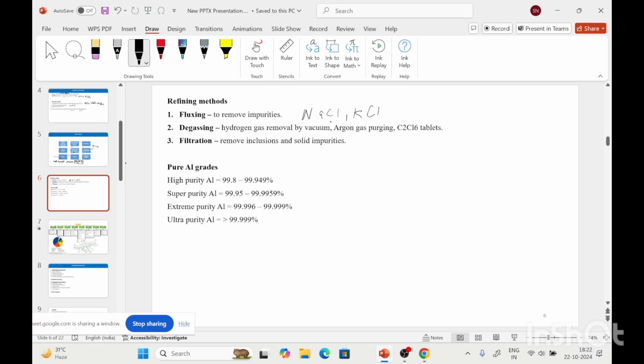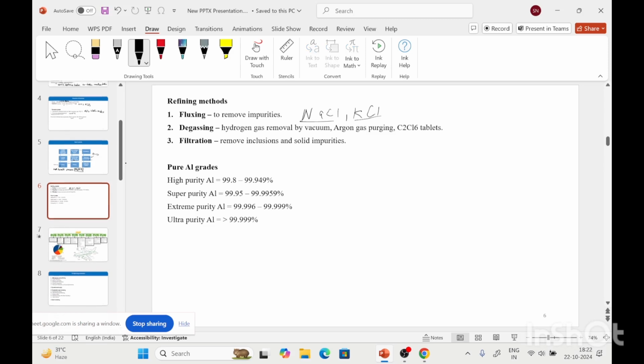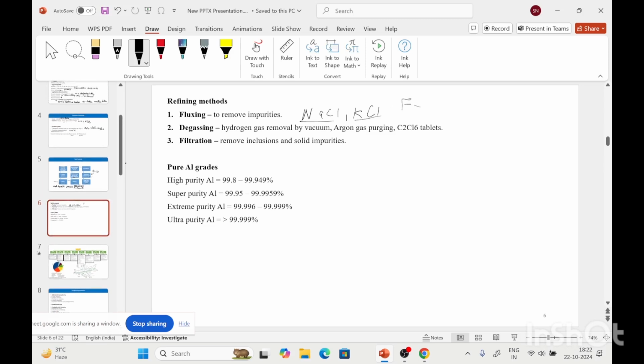These NaCl and KCl react with the impurities, like the different elemental iron and silicon we studied. These two fluxes react with the elemental and oxide impurities in the liquid aluminium and remove them in the form of slag.